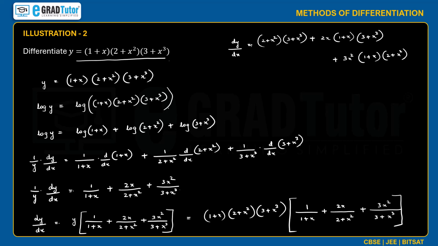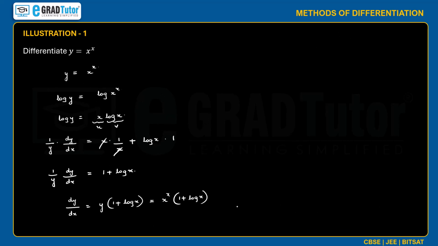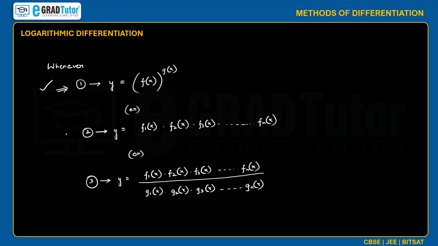So this is another functional form wherein you can use logarithmic differentiation. Okay, so now we are done with the first two functional forms, and now let's work on the third functional form.